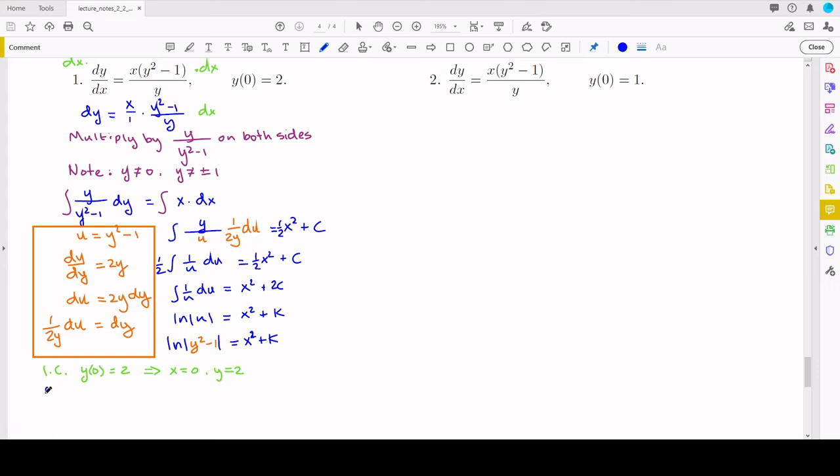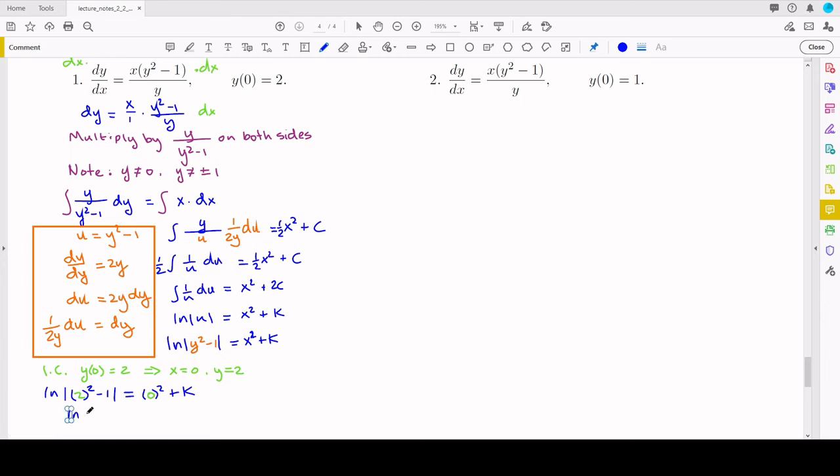that ln of the absolute value of 2 squared minus 1 equals 0 squared plus k. So we plug in 2 here, 0 here. And so on the left-hand side, we're left with ln of 3, and on the right-hand side, we have k.